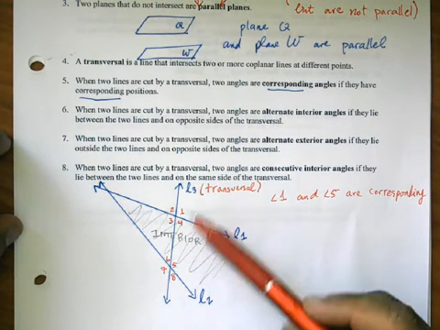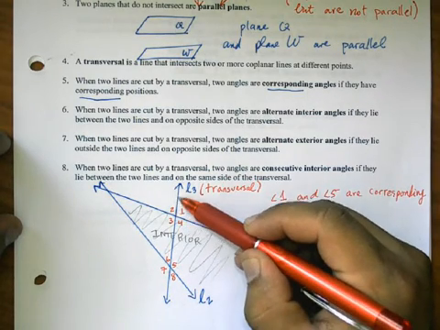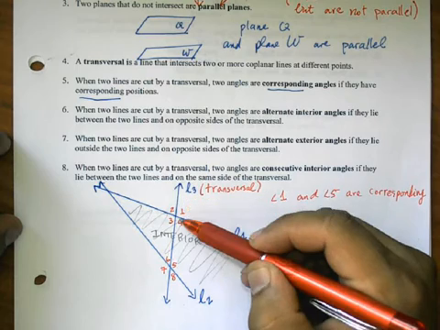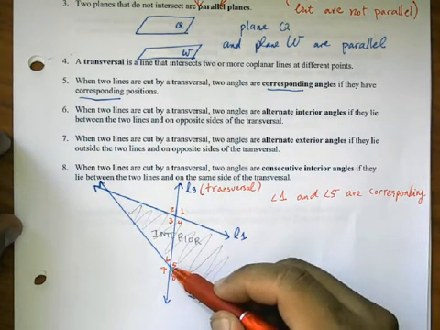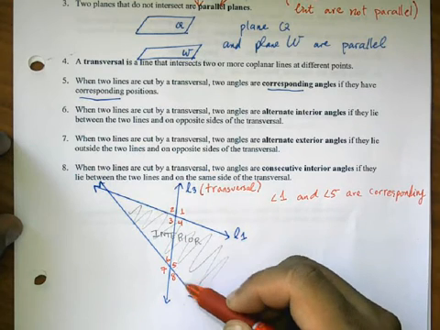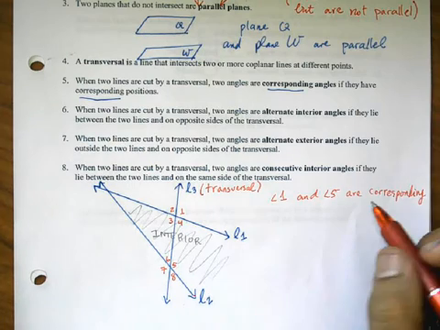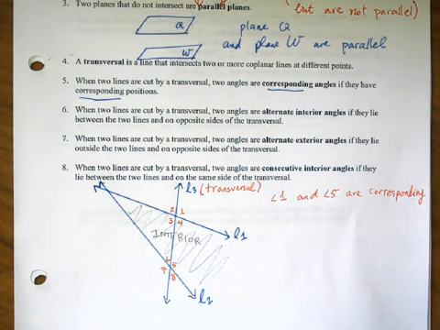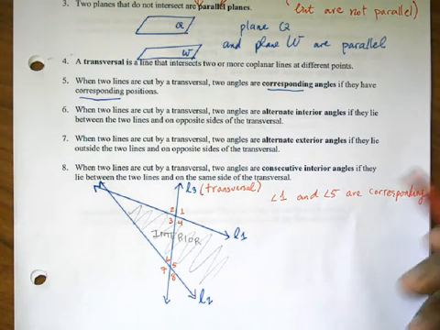One of them is on the outside, or the exterior, and the other is on the inside, or the interior. And if you look at them, they have the transversal as a ray. Angle 1 has this ray that goes up and a ray that goes in this other direction. Angle 5 has a ray that goes up and a ray that goes in some other direction. The key is they're on the same side of the transversal, and one is in the interior and the other is in the exterior.